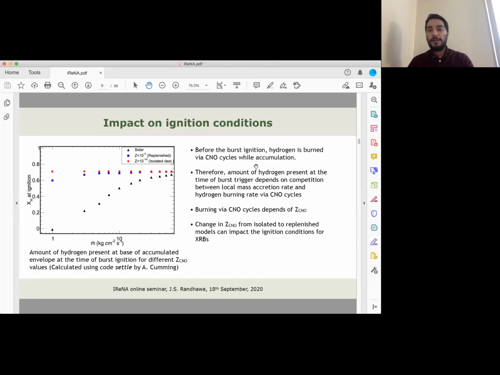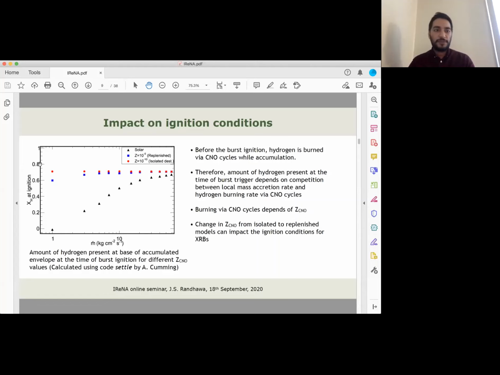What amount of hydrogen will survive at the time of ignition depends on the competition between the mass accretion rate and the rate of burning via the CNO cycles. But the rate of hydrogen burning via CNO cycles depends on the CNO metallicity, and hence the presence of carbon, nitrogen, and oxygen.